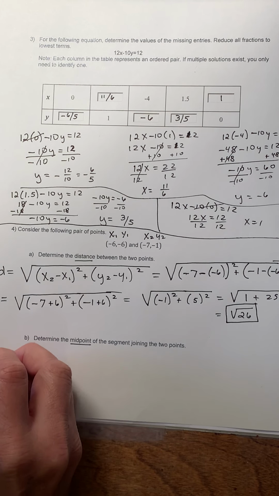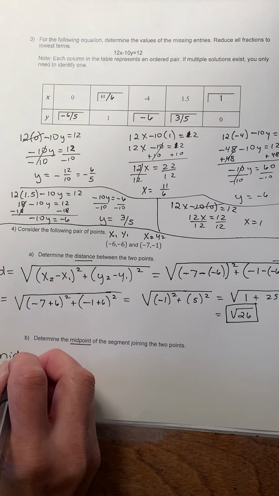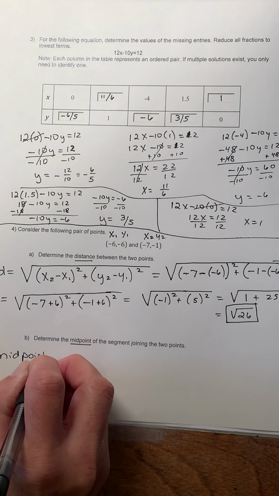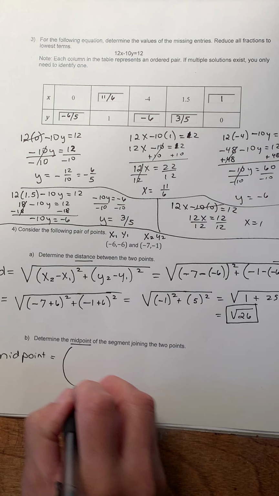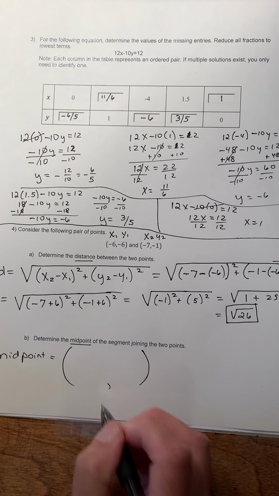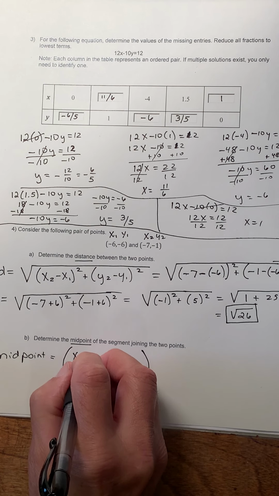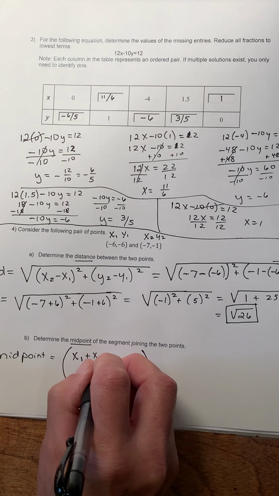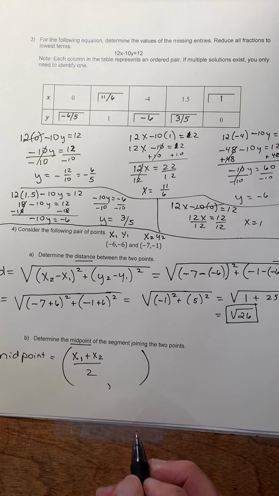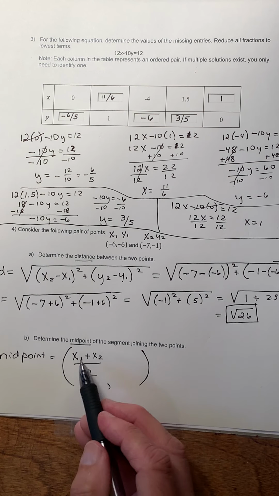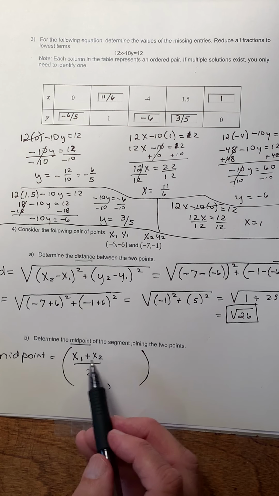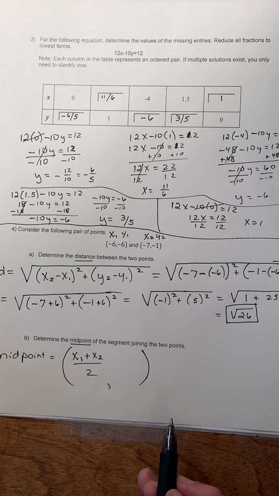And I have a midpoint formula. And it looks like this. It's just the average of the x's. How do you average two things? Why, you add them together and divide by 2.